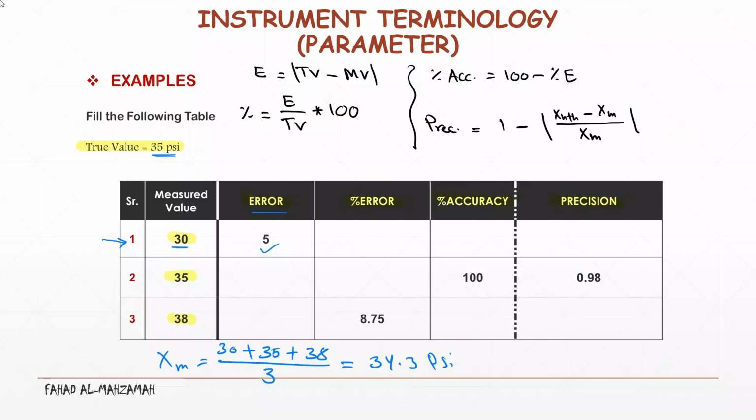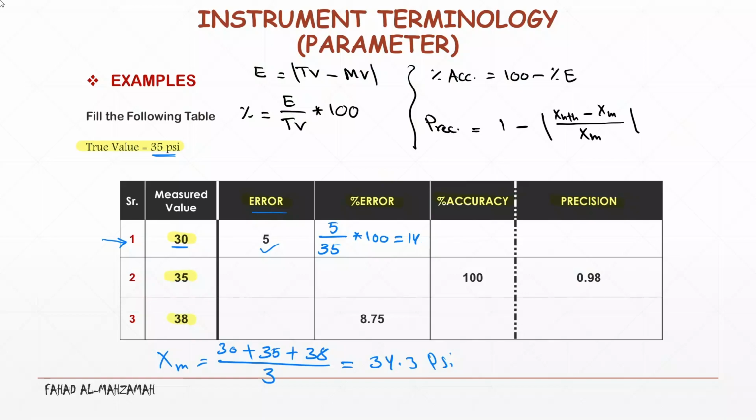Now the percentage error: you take the error, which is 5, and divide by the true value, which is here 35, and multiply by 100. So 5 divided by 35 multiplied by 100, you will get 14.28.